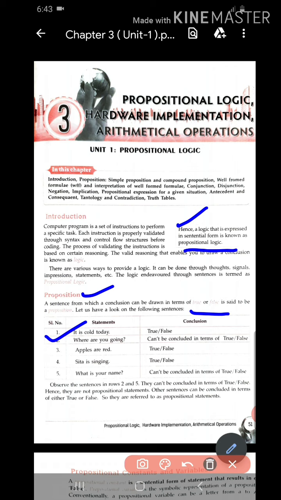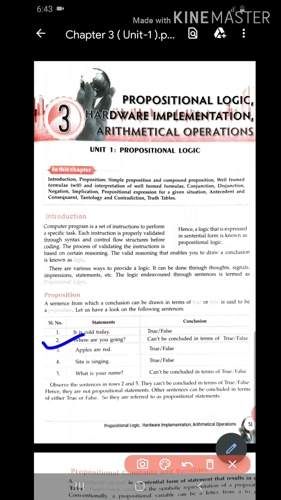But some sentences have different answers for that question or sentence, then that sentence is not a propositional sentence. See here, where are you going?